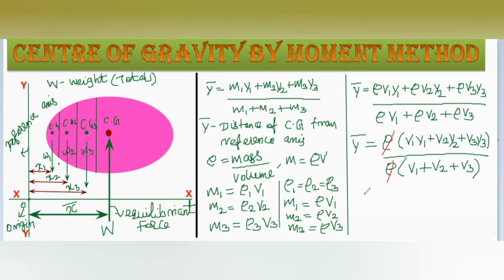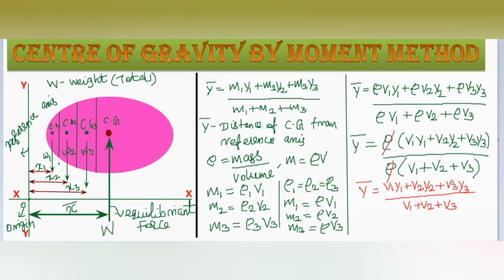So finally y bar equals V1 Y1 plus V2 Y2 plus V3 Y3 divided by V1 plus V2 plus V3.